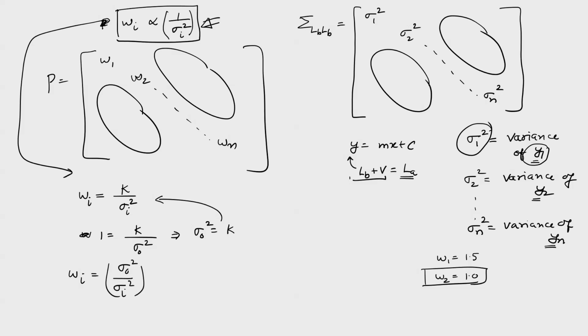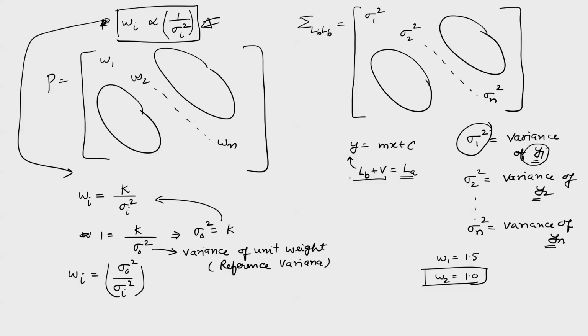So here, first of all, two things are happening. I call this sigma 0 square the variance of unit weight, or I also call it the reference variance. Again, I am assuming this value because I am taking the ratios of sigma 0 and sigma i. So it is alleviating two problems for me.